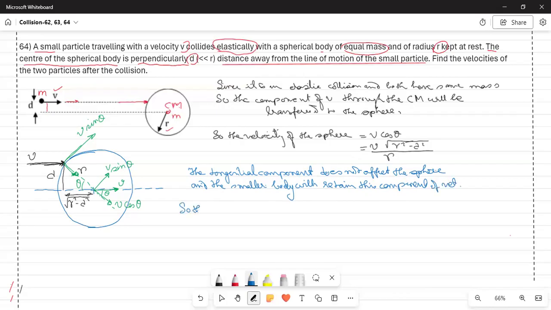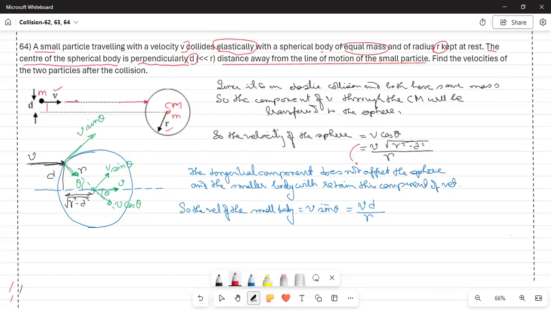So the velocity of the small body is equal to v sin theta. And what is sin theta? Sin theta is d upon r. So the velocity of the small body is v d by r.